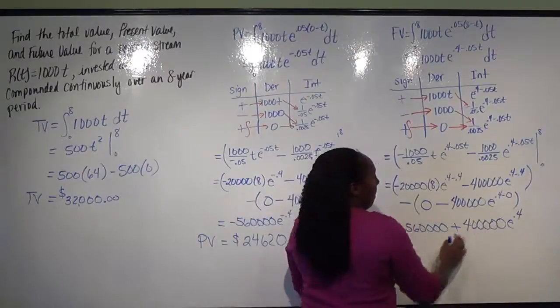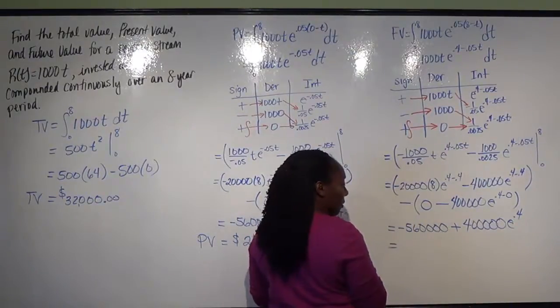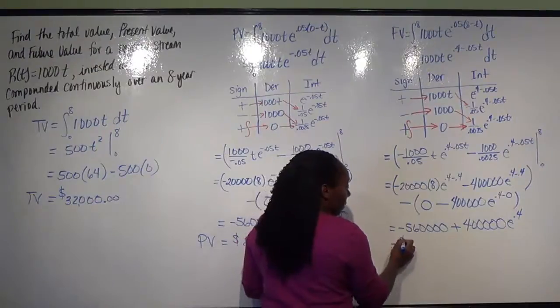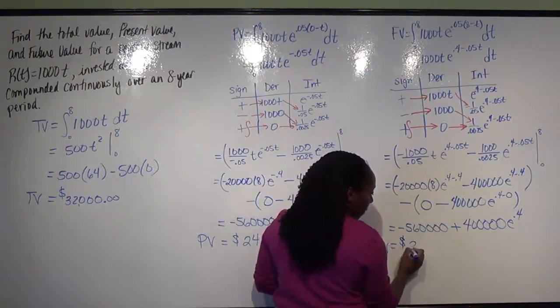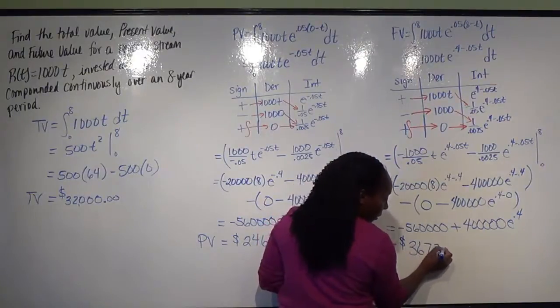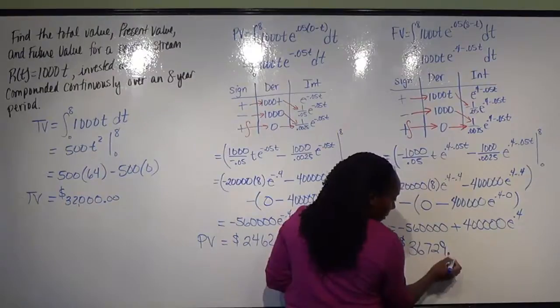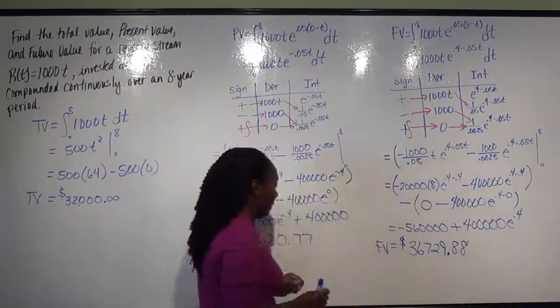So again, combining and plugging in, don't forget to round to your nearest cent. So our future value is going to look like $36,729.88.